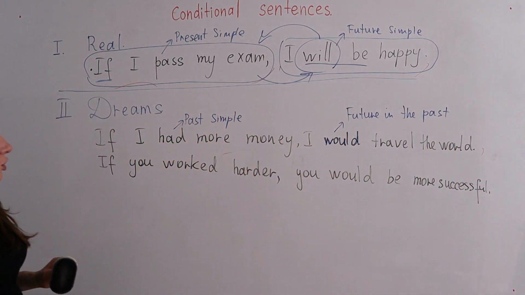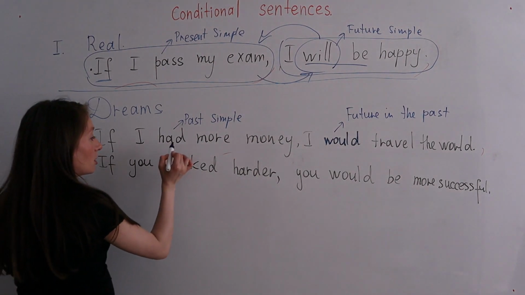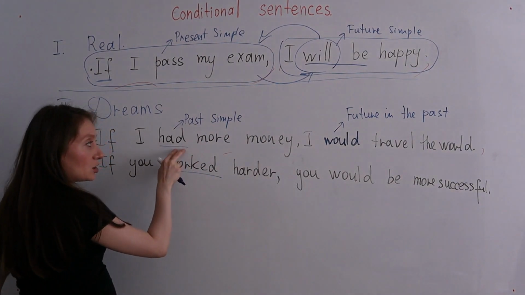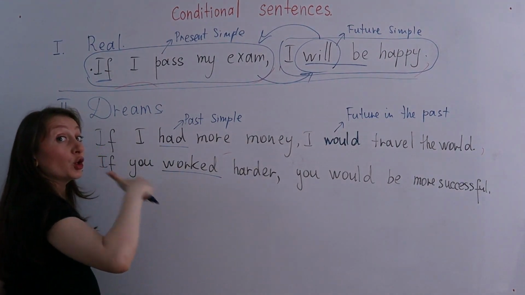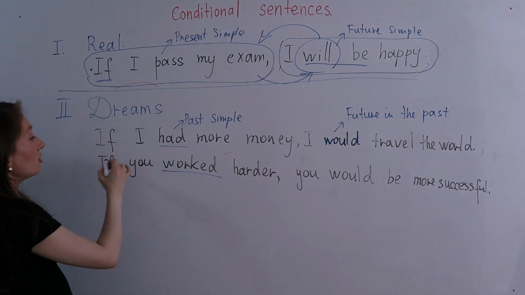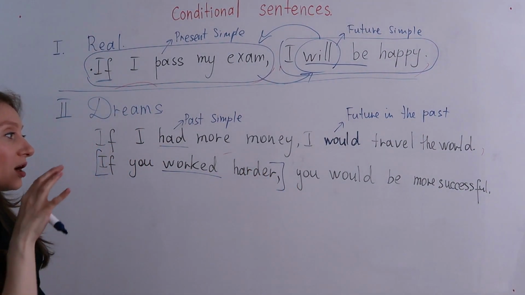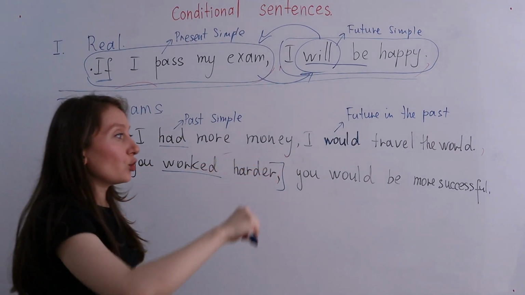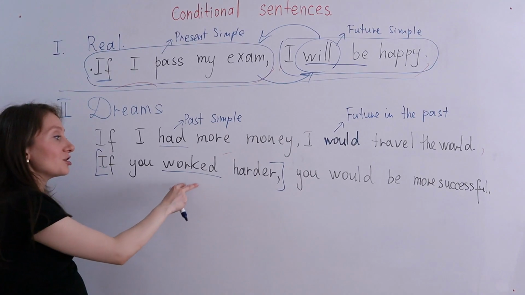So, you see, where is the verb here? Verb is worked. Here, had, irregular verb in the past. Have, had. Here, work, worked. Past simple, alright. If clause. Under what conditions you would be more successful? If you worked harder.